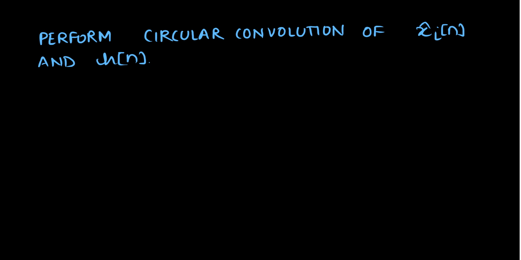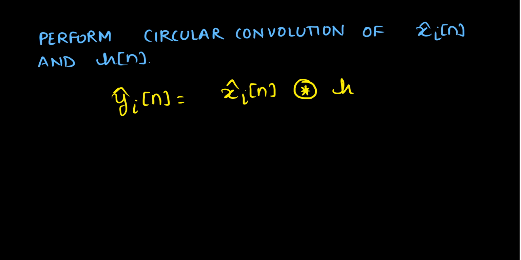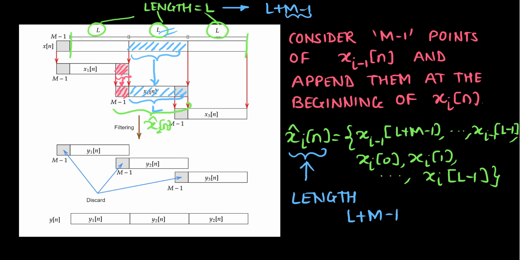So what we have is y hat I of n is equal to x hat I of n circularly convolved with h of n, and again this y hat I of n would be of length L plus m minus 1.